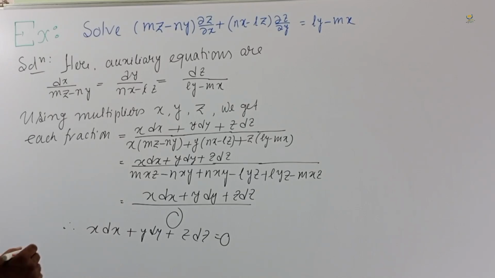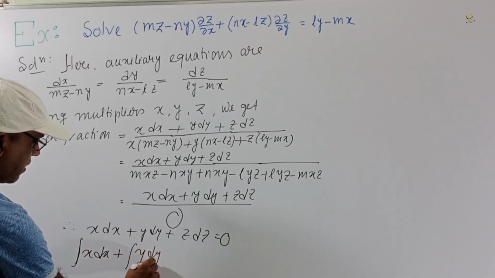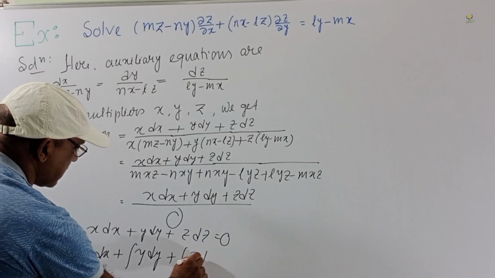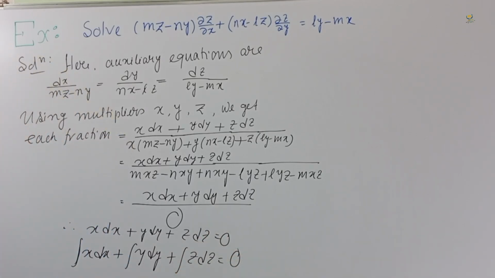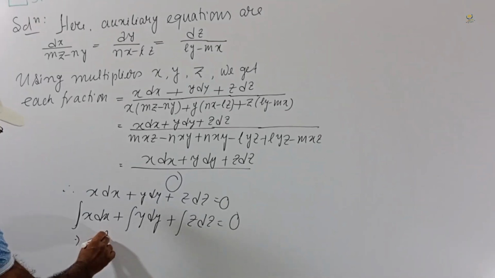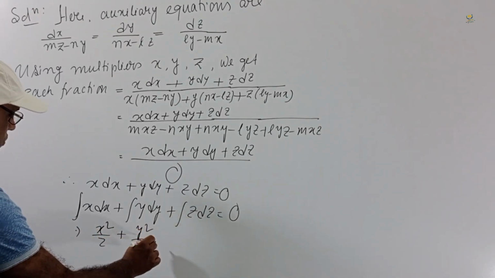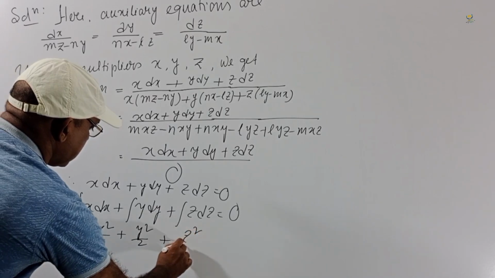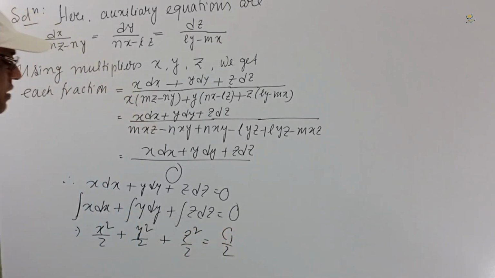Integrating both sides, we get x square by 2 plus y square by 2 plus z square by 2 equals c1 by 2.